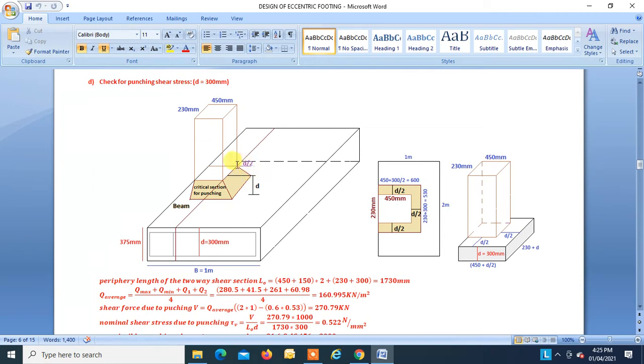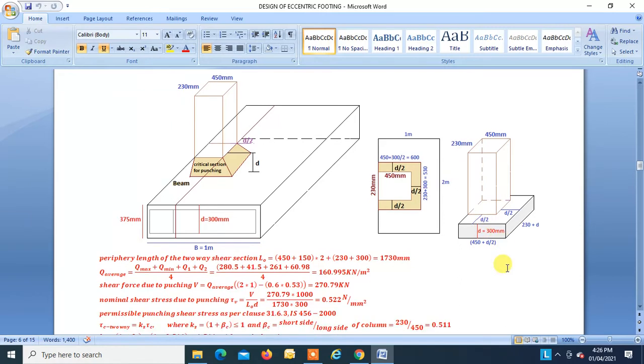So we can see this in a plan like this, and this is a block diagram, right? This is the peripheral length, and the peripheral length into D is the area which will take the punching shear stress. First we will have to find the peripheral length.